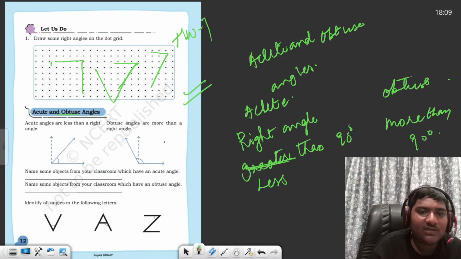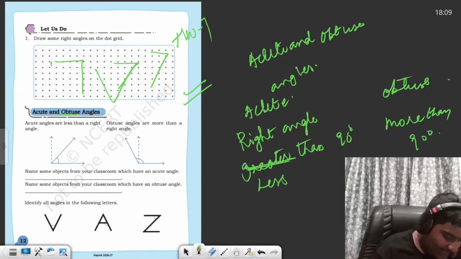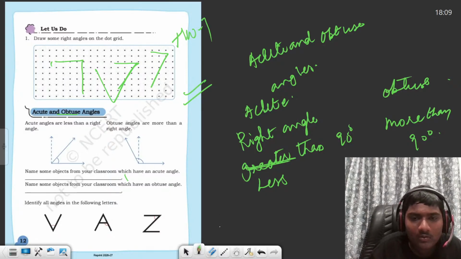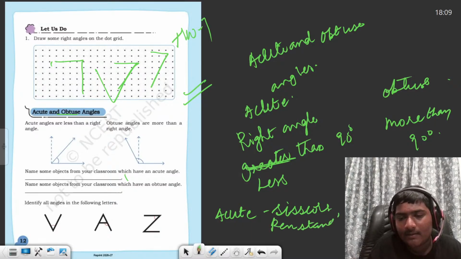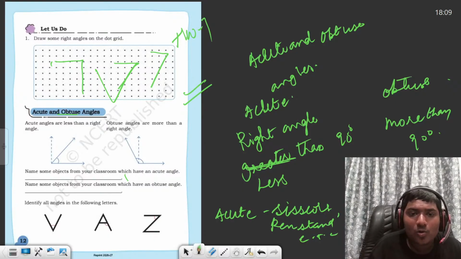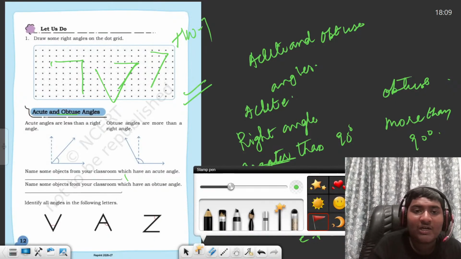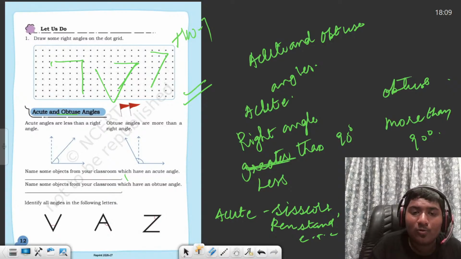More than 90 degree. Name some objects in classroom which have an acute angle. Children, please let me know which are some acute angles. Scissors, acute angle. Scissors, pen stand, etc. So, children, I am teaching you very important topic, acute and obtuse angles.